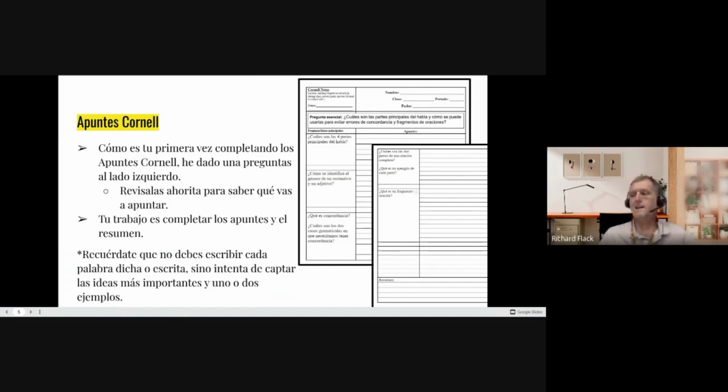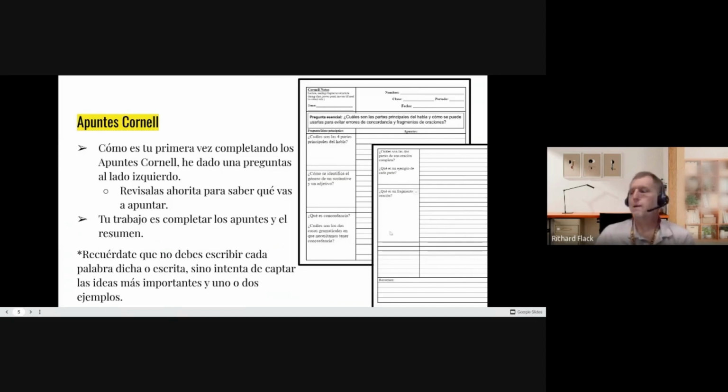And the idea is down the left-hand column, you write summary questions. Down the right-hand column, you put your actual notes. And then when you're done, you can fold it on that line, and on one side you have the questions, and on the other side you have the answers, and it serves as a great summary tool. So we are going to do that today.